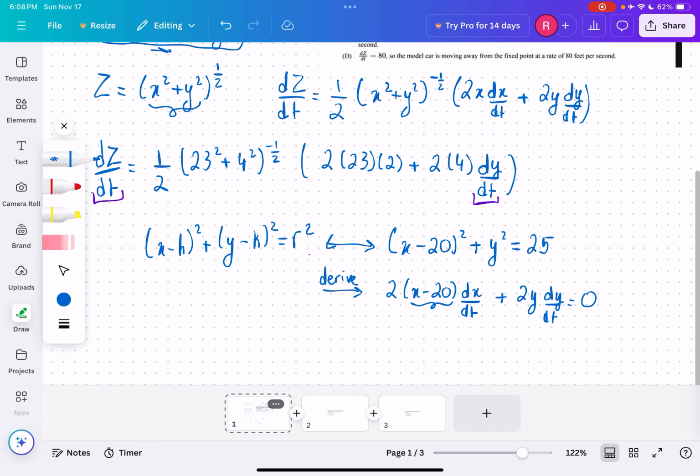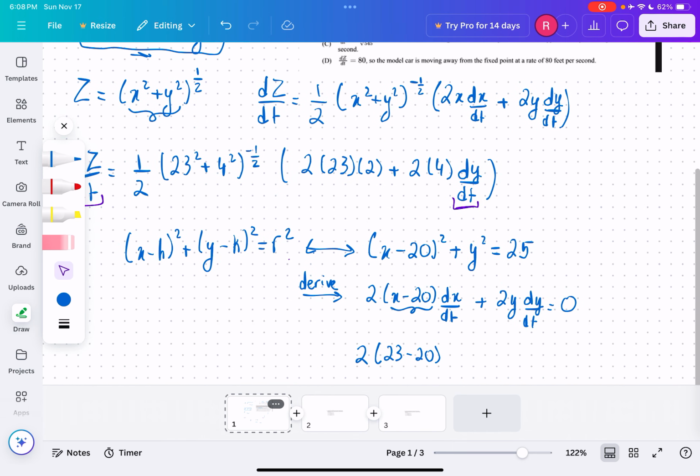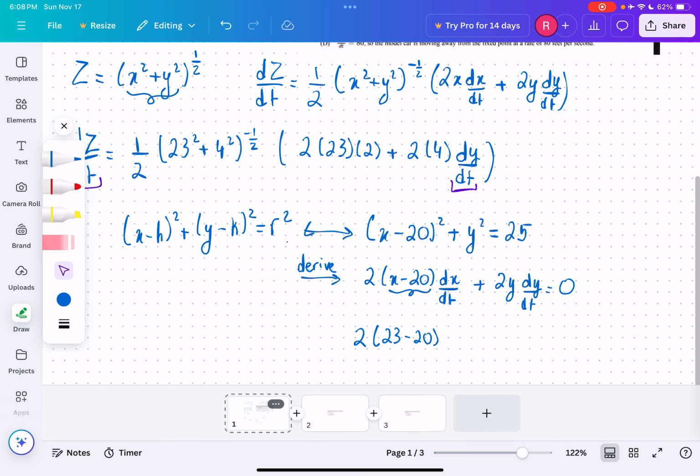So now if you replace all of the given values from the question, you are able to find dy over dt. As we said, x is equal to 23, so 2 multiplied by (23 minus 20), and dx over dt is equal to 2. So you write here multiplied by 2, plus 2 times y, which is equal to 4, and you have dy over dt equal to 0.